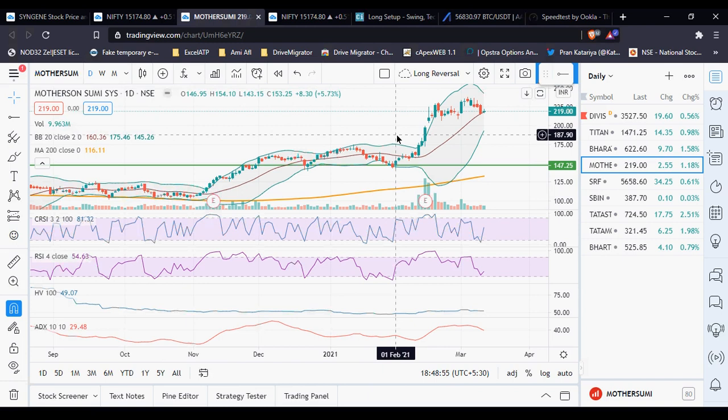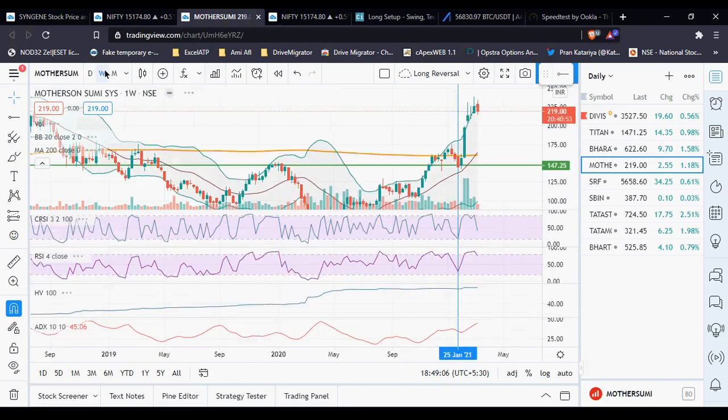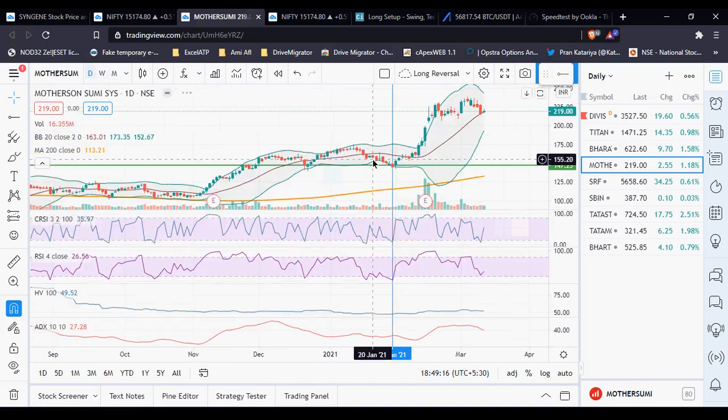We go ahead and check the weekly chart. It's trading above the middle Bollinger Band, which is the 20 moving average. Now to initiate the setup, the next day candle should be green.